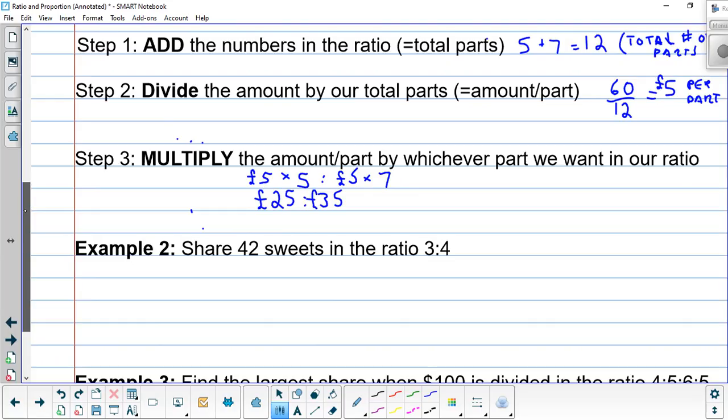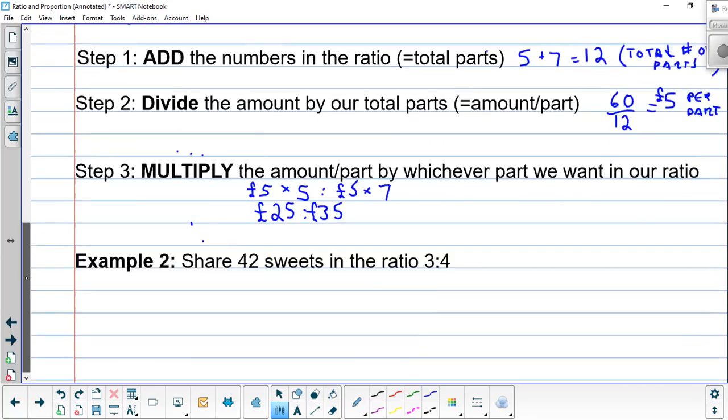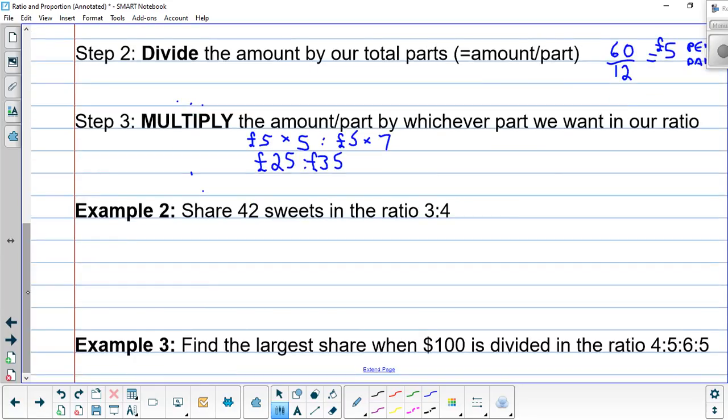Next example, what happens if we share, right? So sharing is just another way of saying dividing. Right, so 42 sweets, and this time I'm just going to jump into this. So our total amount of parts we add together is 3 plus 4. We have 7. 42 divided by 7 is simply 6 sweets, and that's per part.